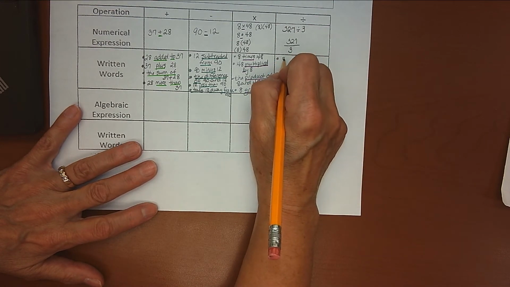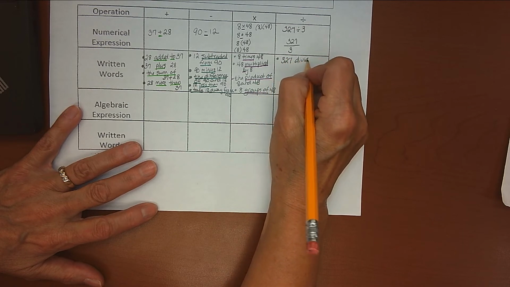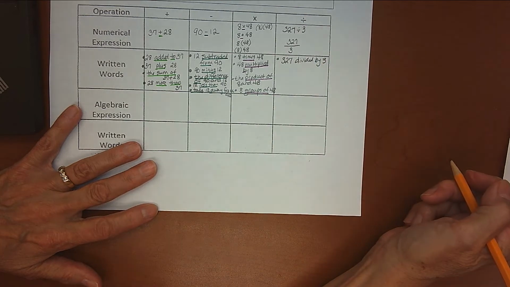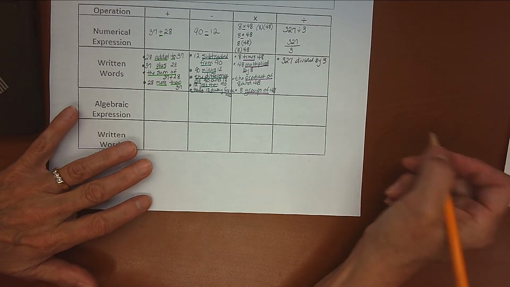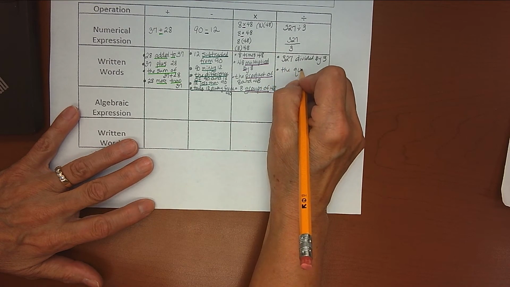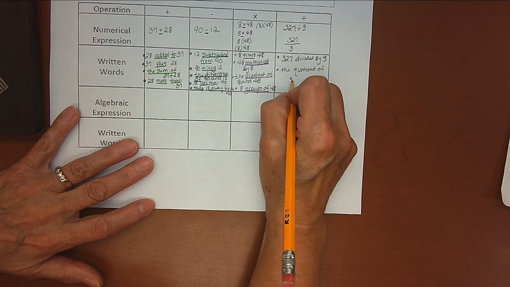All right, some options here then. 327 divided by 3, just real straightforward. Or we might see the quotient of 327 and 3.